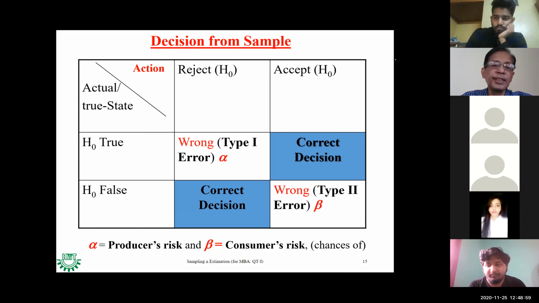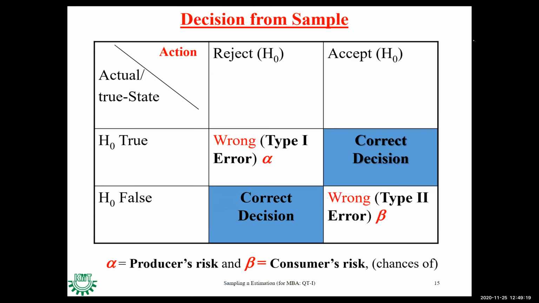But actually the medicines are bad. So who is suffering? The company or the consumers? Consumers. So that is the consumer's risk. So I would request you to give examples like this so that it is very, very clear. Okay. So this is what is called producer's risk and consumer's risk.